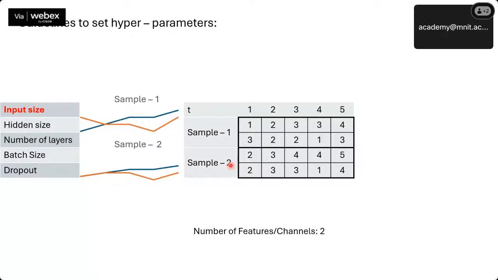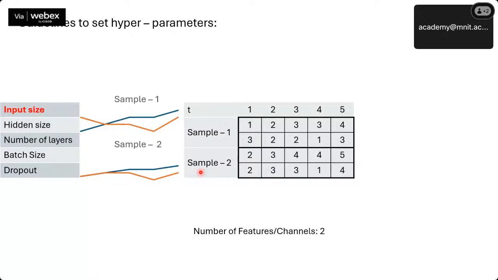The next thing that you may come across is the hidden size. Now, hidden size is up to you. You can assign anything. You can assign a hidden size of 10, 20, 30, 40, 60. It is up to you. But how do you decide what the hidden size should be?